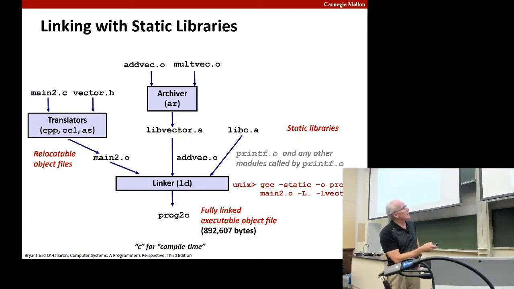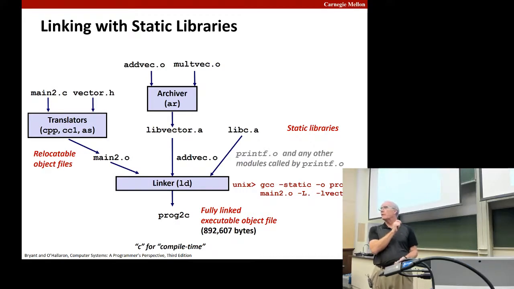And this -L dot is saying, the capital L is telling the linker what directories it should be looking in for .a files. The default is in /usr/lib, but by saying dot, that means in this local directory.